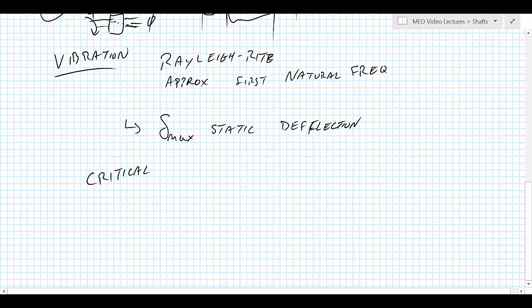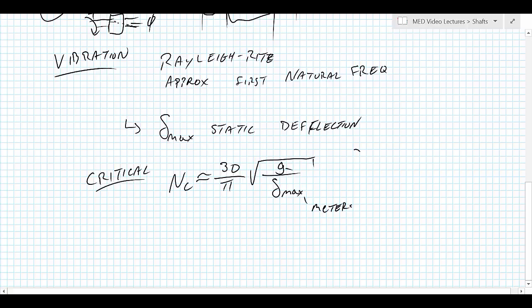The critical speed, at about the point when we're going to hit that first harmonic, is approximately, this is the Rayleigh-Ritz approximation, 30 over pi times the square root of g, the acceleration of gravity, over that maximum static deflection. If we're talking in meters, then our gravity is going to be 9.81 meters per second squared.